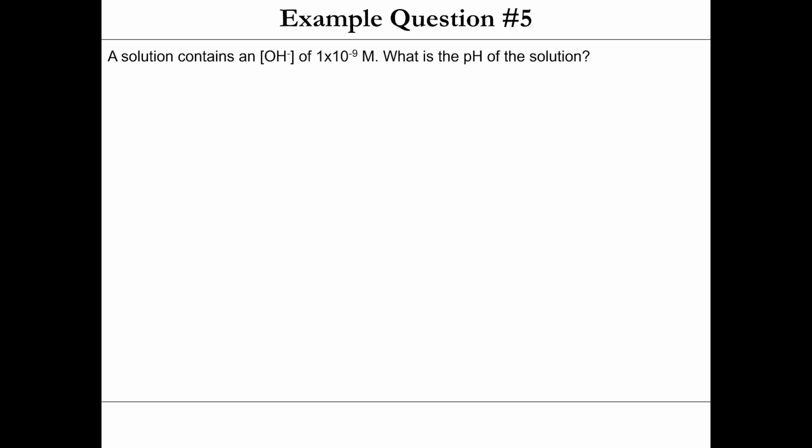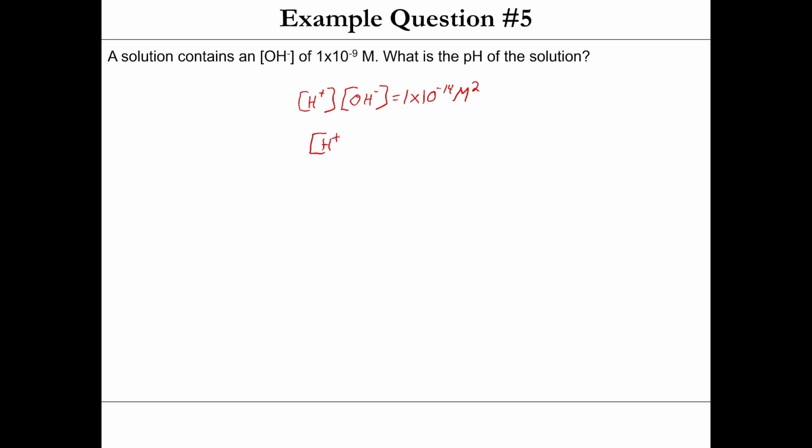So the first equation that we're going to use is the ionization of water equation: H plus multiplied by OH negative equals 1 times 10 to the negative 14 molar squared. To get the proton concentration, we will rearrange this equation.